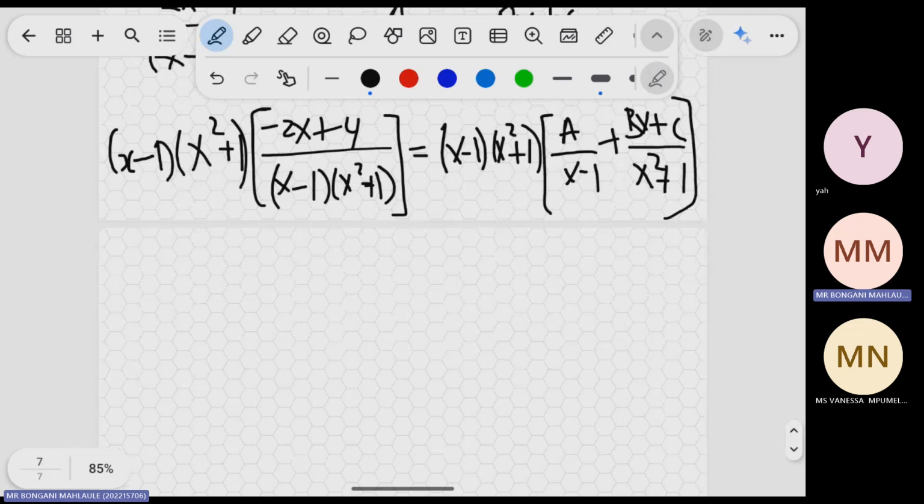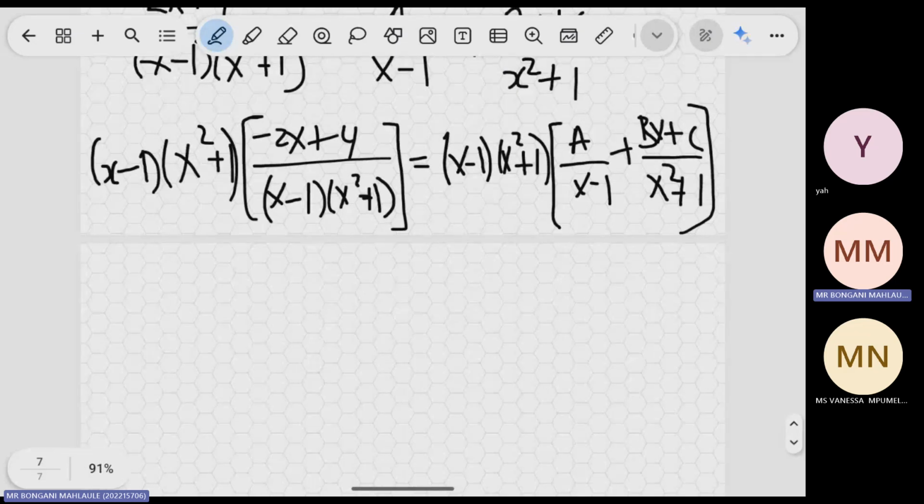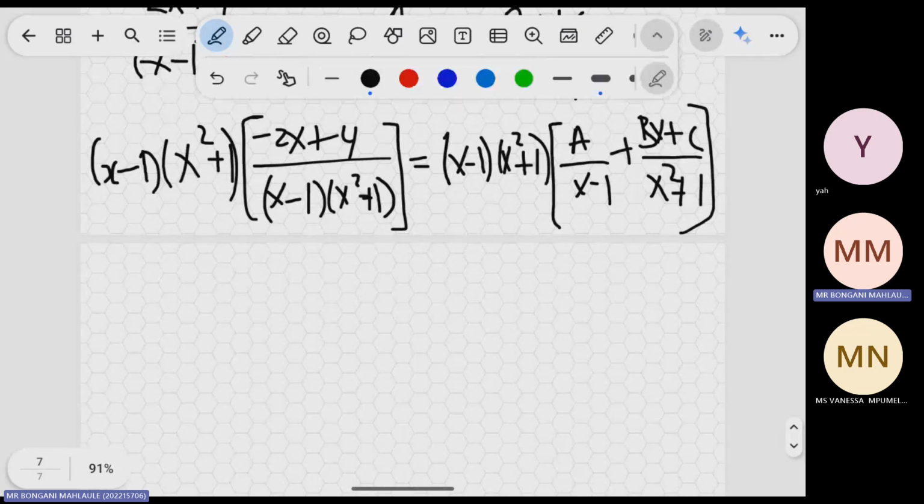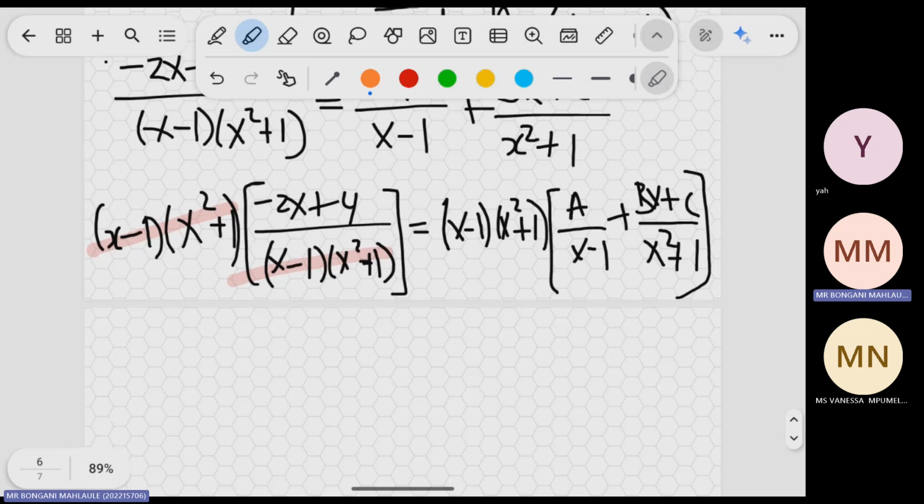This x minus 1 here, and then now we know that this one will cancel out with this one, right? And then what else? I'll be left with negative 2x plus 4. Then this one will cancel out with this one.